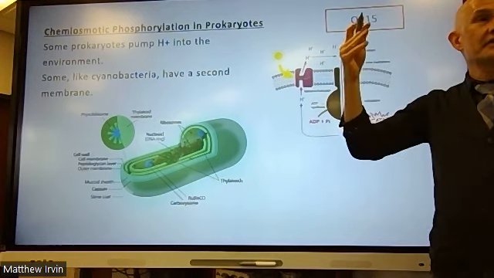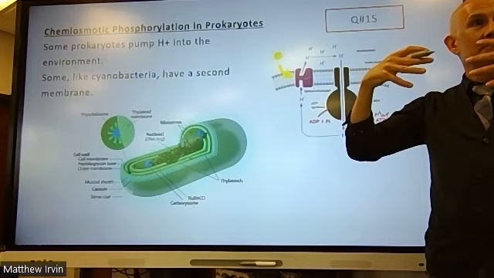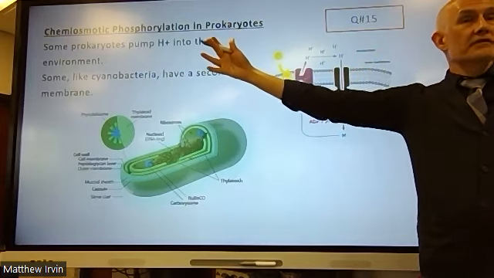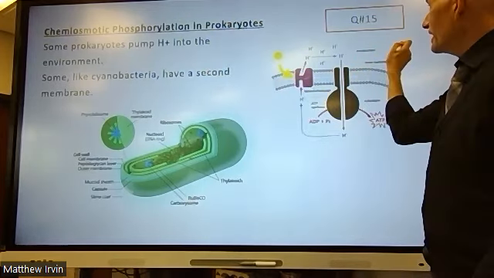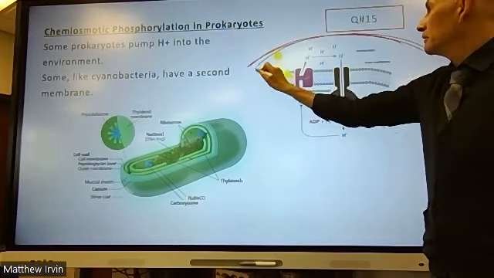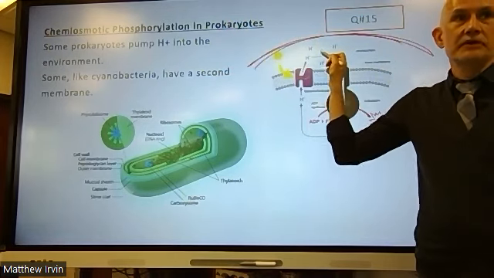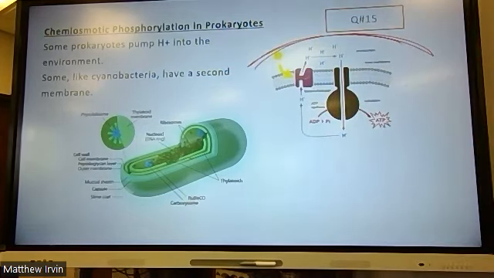If they're just being pumped into the environment, they're just going to spread out and diffuse away. So that's why an extra membrane would allow a gradient to build up and make it more successful. So that's why when the pre-mitochondrial prokaryote was absorbed in the endosymbiotic theory, that extra membrane made it more efficient, which then was a benefit for the cell that absorbed it.